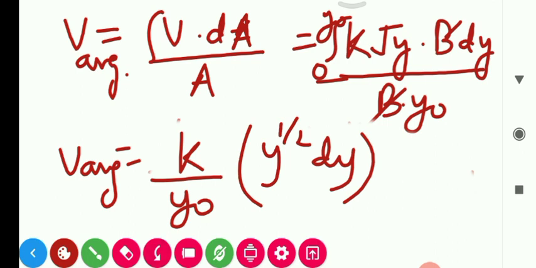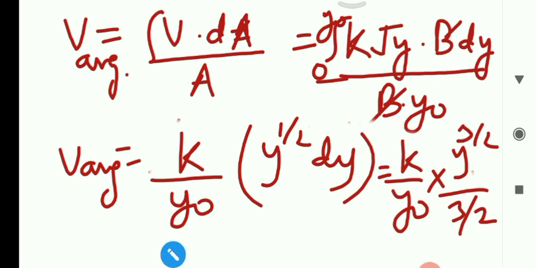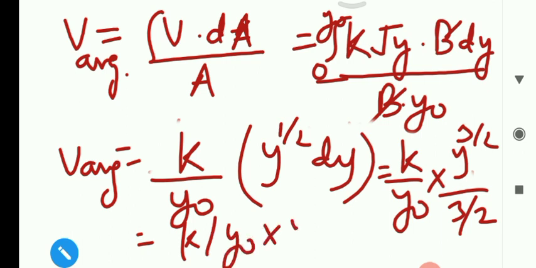This comes out to be k by y naught into y raised to the power 3 by 2 upon 3 by 2, evaluated at y naught.